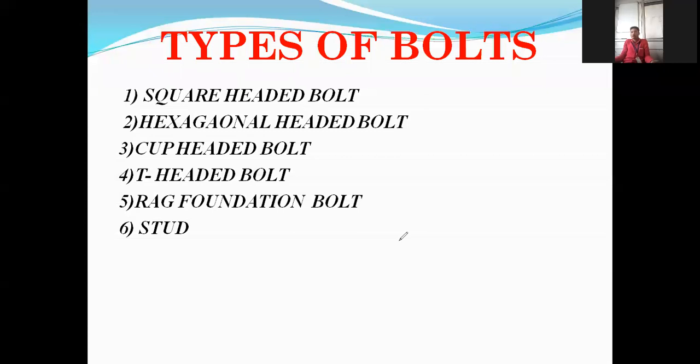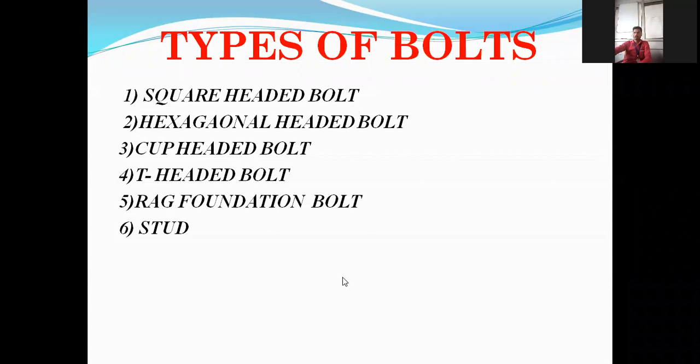Can someone take the opportunity to read these names? Types of bolt first. Does anyone want to take it? Mayuri Abhangrao, roll number 1. Just joined, roll number 1. Arbaz Shaikh, Rahul Salgare, Rohit Rode. Anyone? Yes, sir. May I? Yes, 100%.